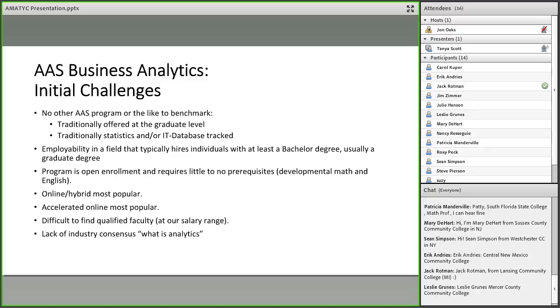And so it was very hard for us to determine what skills needed to be taught at the associate degree level. And having taught this now for a couple of years, there really is no divergence from how it's being taught at the graduate level, to be perfectly honest.